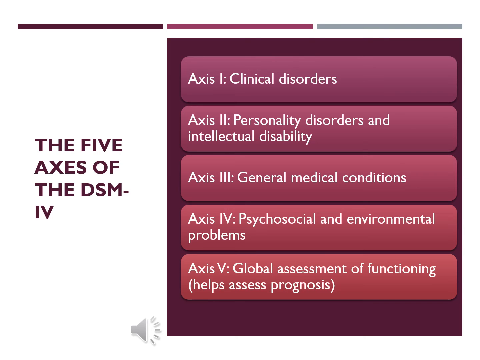And then axis 5 is the Global Assessment of Functioning, the GAF score for short. That rates their overall level of psychological health, as well as the prognosis, the client's likelihood of recovering from a disorder. It's a scale from 0 to 100. The lower the rating, the more likely the person is going to be in need of hospitalization.